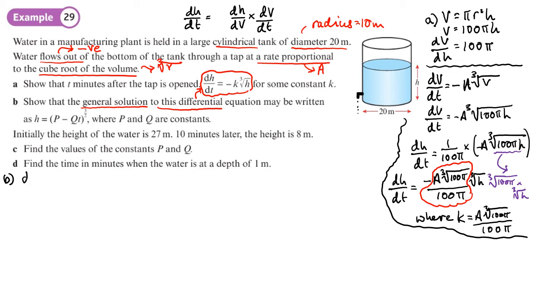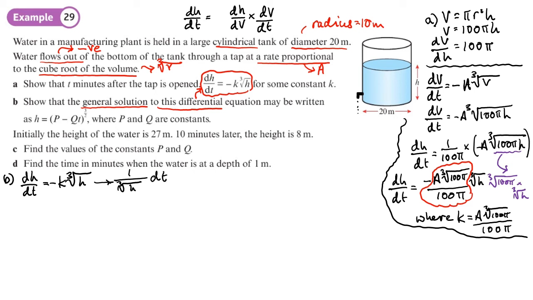So we need to start with dh/dt. This is all about solving it using the separation of variables and then making h the subject. So if I put all the h's on one side and the t's on the other, I'll have 1 over cube root h dh.